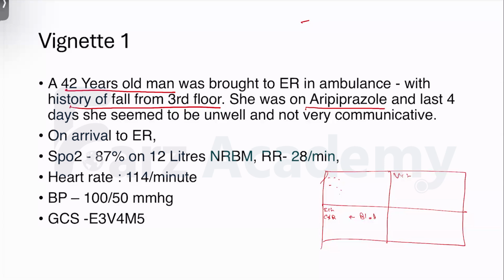The possible questions will be: how will you approach the patient? What are the differential diagnoses? What are the primary life-saving things that we'll do for this patient? Followed by investigations and treatment. In a trauma patient, we can have different questions like primary survey, adjuncts, Canadian C-spine rule.